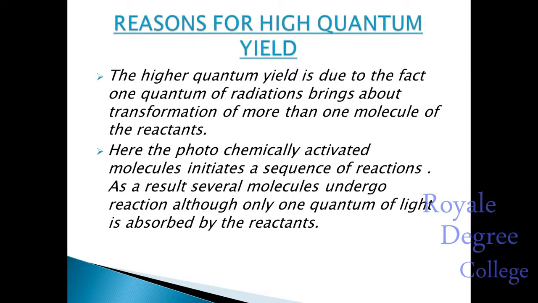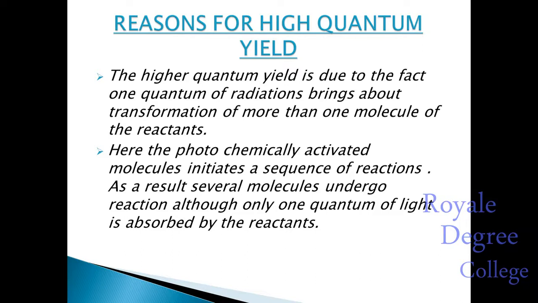Next we'll see the reasons for high quantum yield. The higher quantum yield is due to the fact that one quantum of radiation brings about transformation of more than one molecule of the reactants. Here the photochemically activated molecule initiates a sequence of reactions.